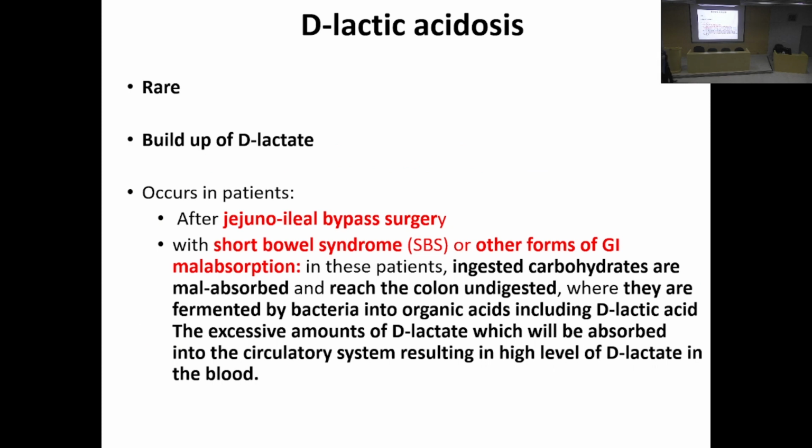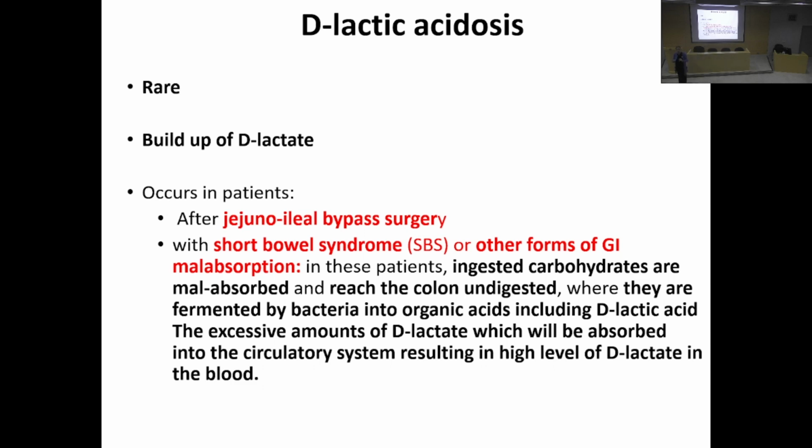Now type D, as I said previously, is due to the buildup of D-lactate. Usually the body produces L-lactate and will not produce D-lactate. We can see D-lactate production in people who have bypass surgery to lose weight, and people who have short bowel syndrome or a problem in GI absorption. These people have a problem absorbing carbohydrate, so the carbohydrate goes directly to the colon because it is not absorbed.